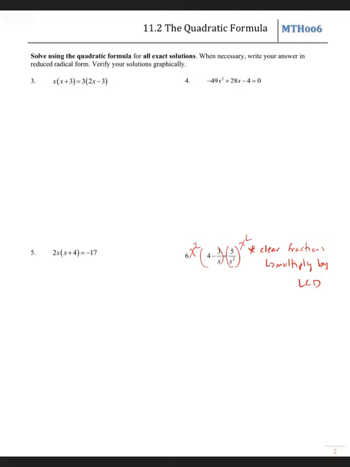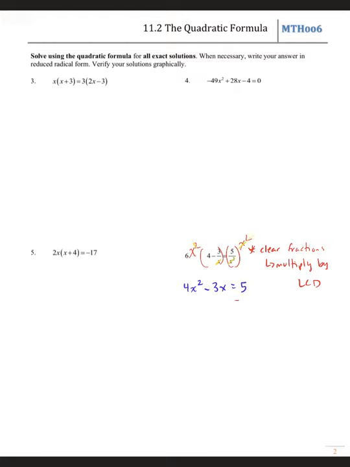So here we'd have x squared times 4, which would give us 4x squared. And then we'd have x squared times a negative 3 over x. Well, this x here is going to cancel with the x squared, leaving an x up top, and then we're left with a minus 3x equals, and then on the right-hand side, the x squared cancel, we're left with 5.